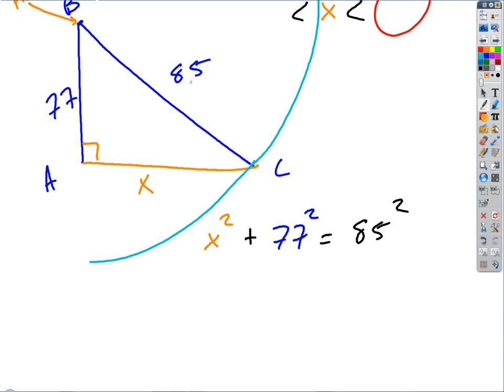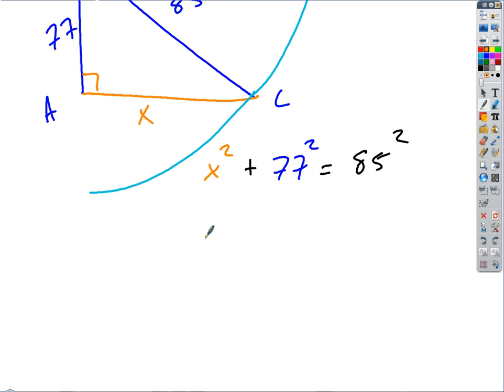So if I do those numbers, somebody got a calculator, they can help me out here. What is that going to be? 77 squared is 5,929.